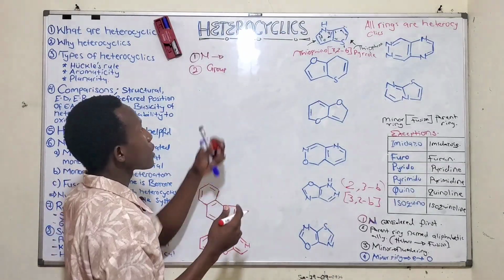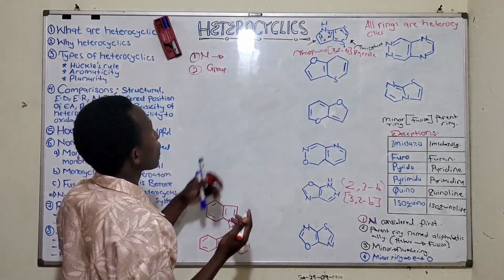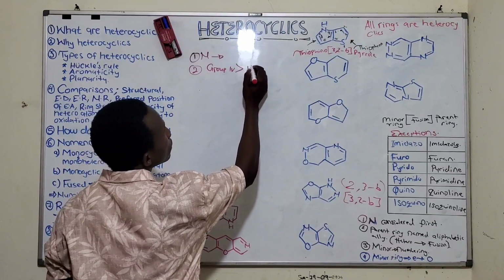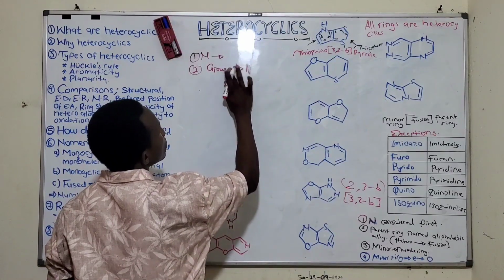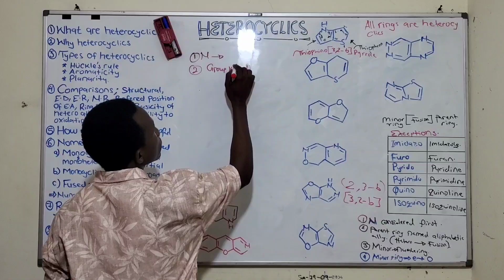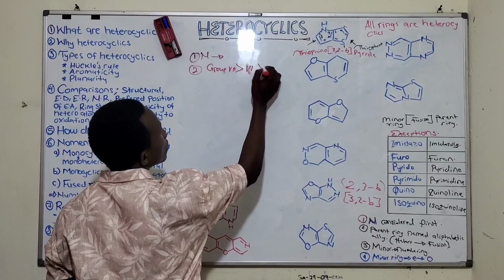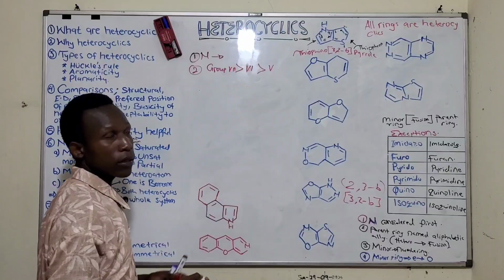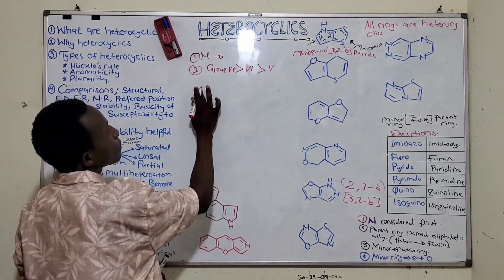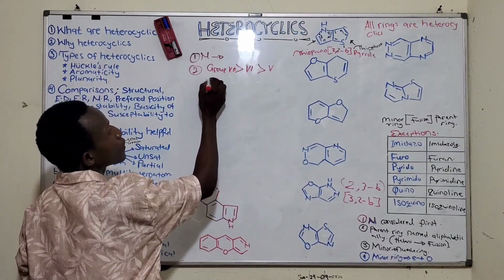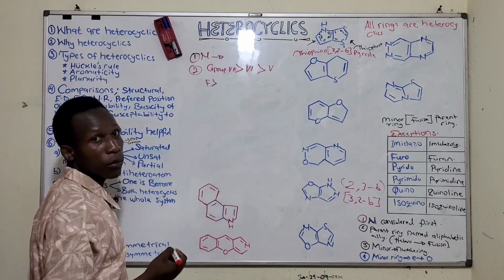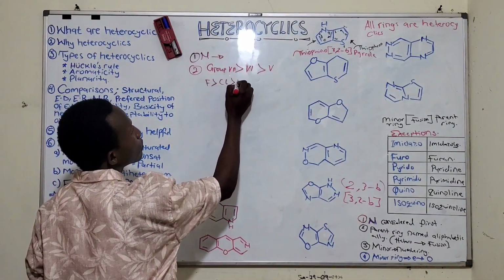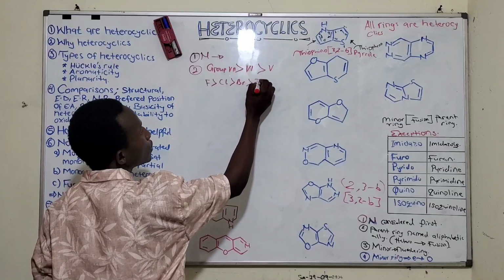The higher the group, the more the priority. So group 7 will be more than group 6 and will be prioritized more than group 5. In group 7, fluorine will be more prioritized than chlorine, then bromine, then iodine.